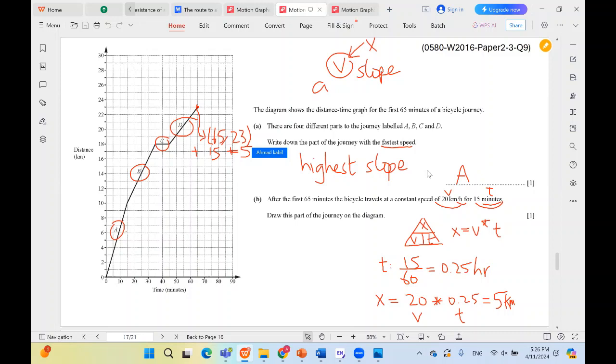So the ending point is going to be 65 plus 15, which is 80, and 23 plus 5, which is 28. So therefore, we finish the graph at 80 and 28. 80 and 28 is this point right there. And we join these two points together. And this will be satisfactory as a final answer.